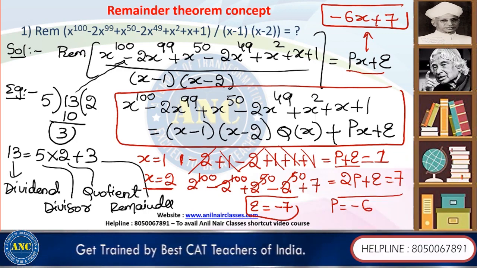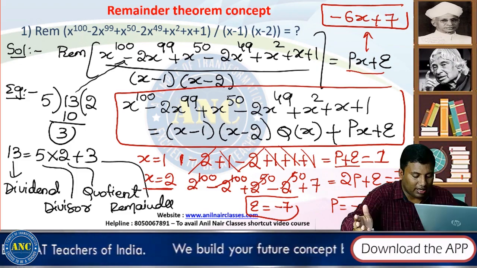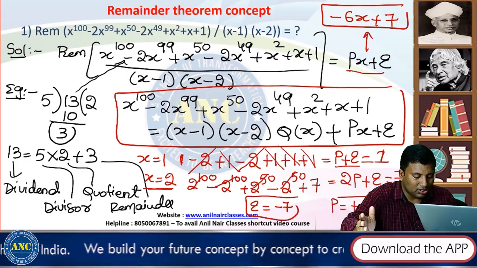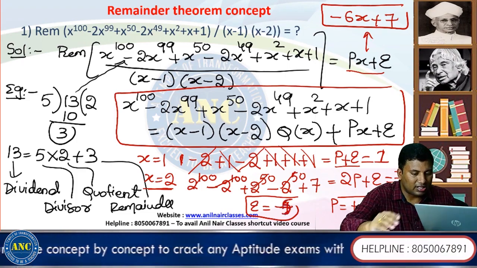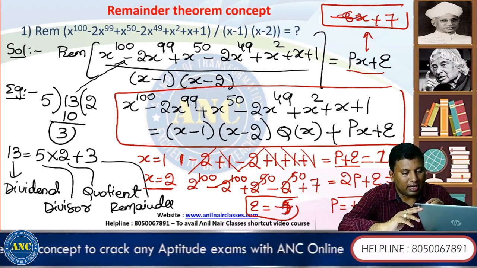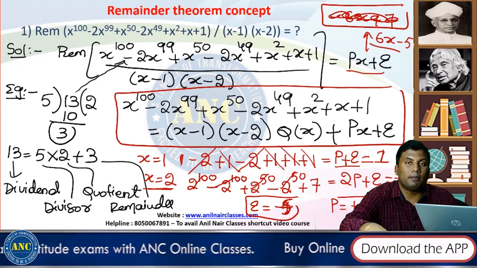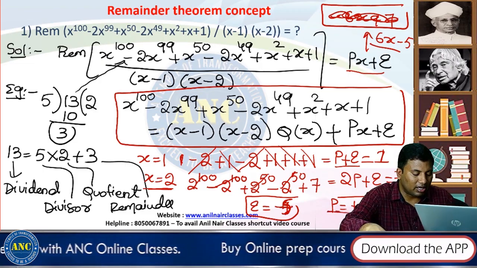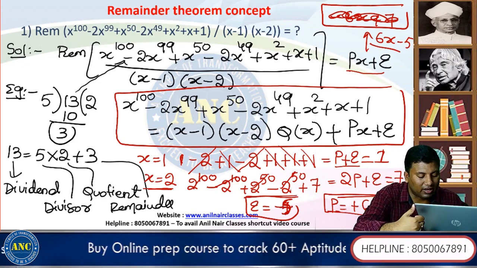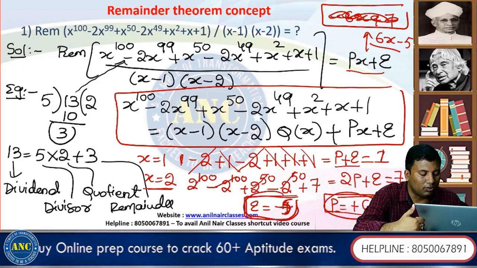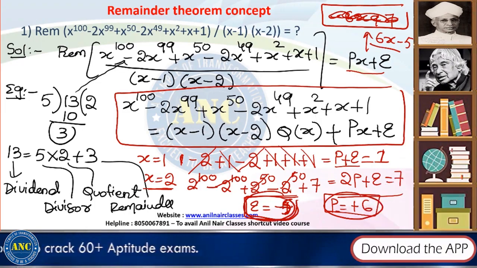If I subtract, I did a small calculation mistake: 2p minus p is p, 7 minus 1 is 6, p is 6. 6 plus q is 1, q is minus 5. So p value 6, q value minus 5, answer is px plus q, which is nothing but 6x minus 5.